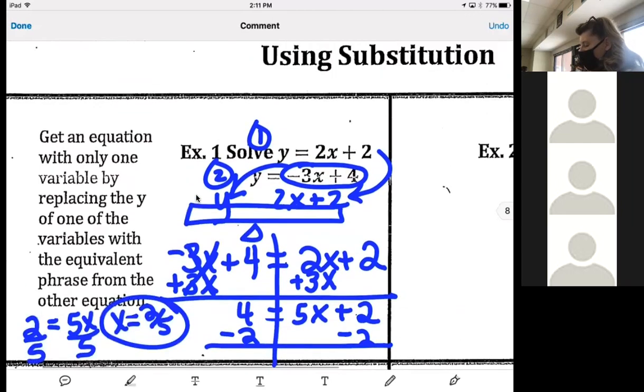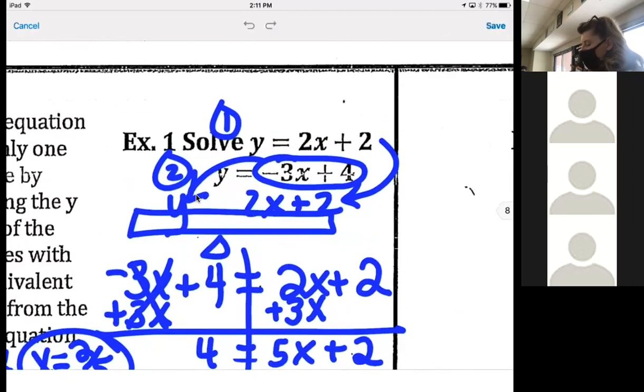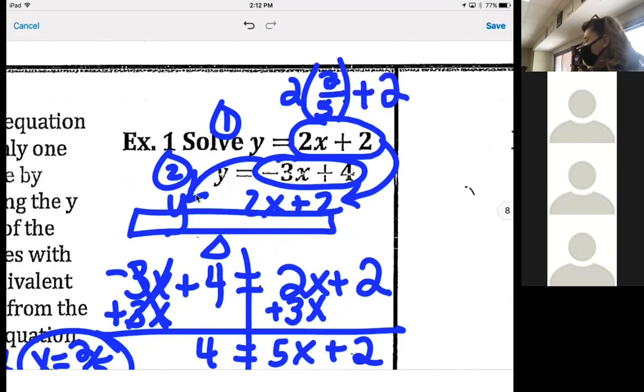We could plug it into either the first equation or the second equation, really doesn't matter. But I know that my x is 2/5. So I might do this one just because it's easier and there's room on top. So I do 2, and then I'm going to replace the x with 2/5 plus 2. Now, good thing we have calculators these days, right?